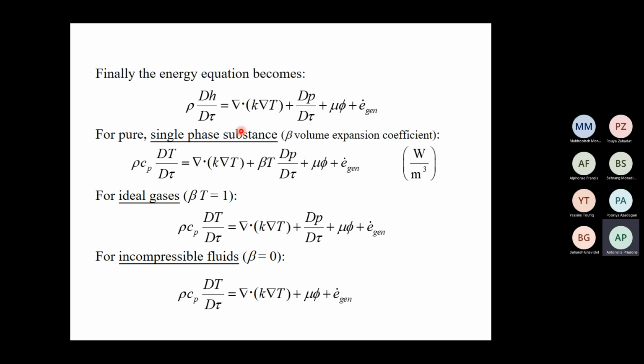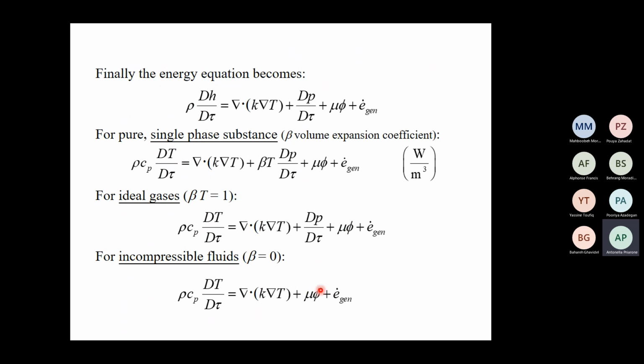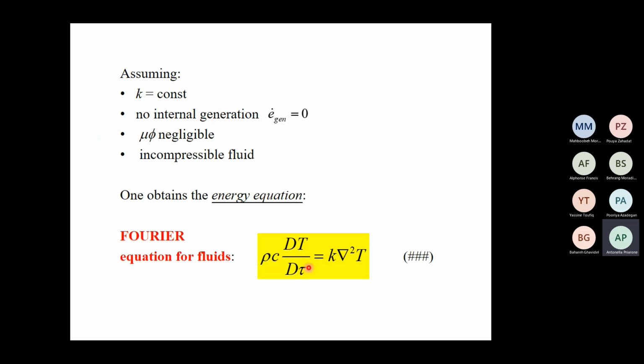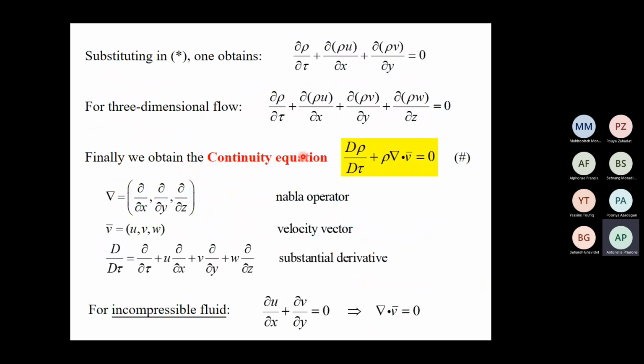No internal generation, because considering this equation, I have to neglect this one. I have to neglect also the viscous dissipation function. I have to neglect also this one. And I consider an incompressible fluid, with this list of assumptions added to the assumptions that I made at the beginning.